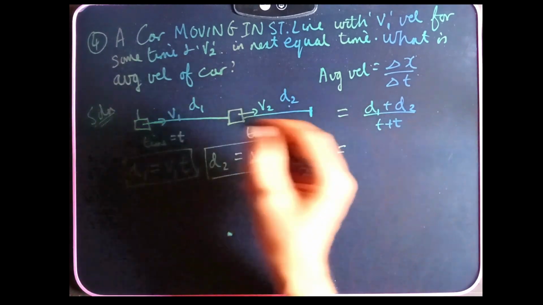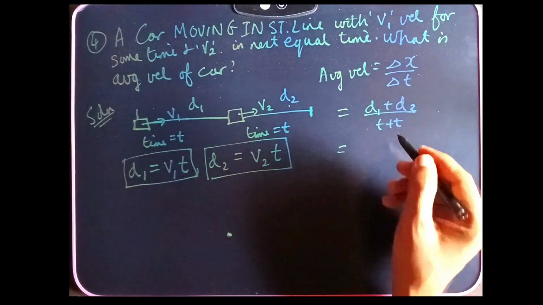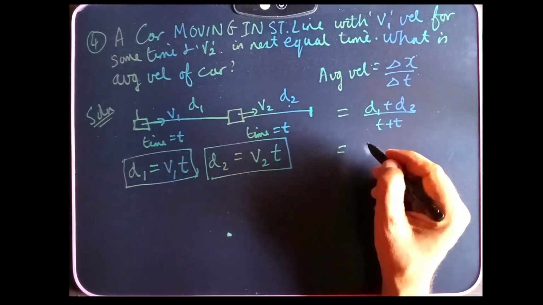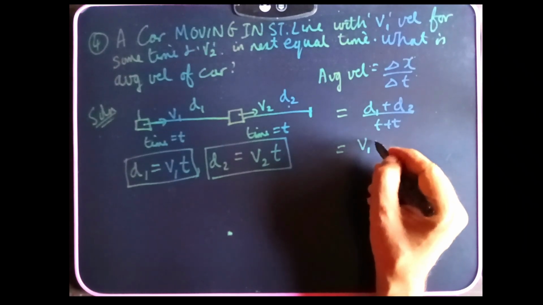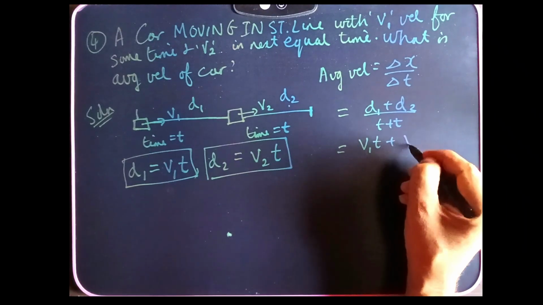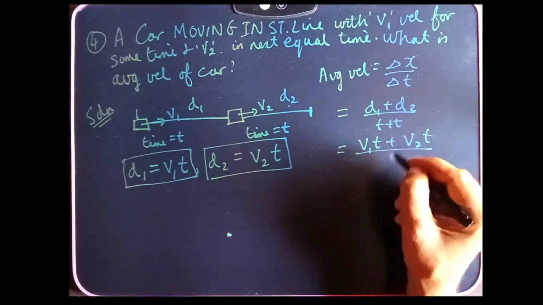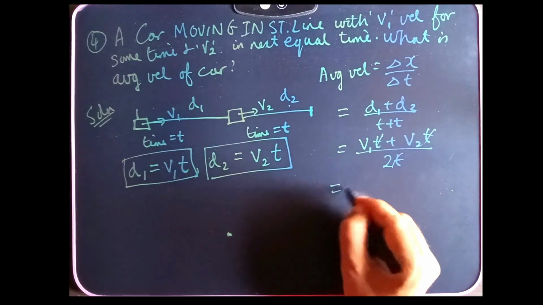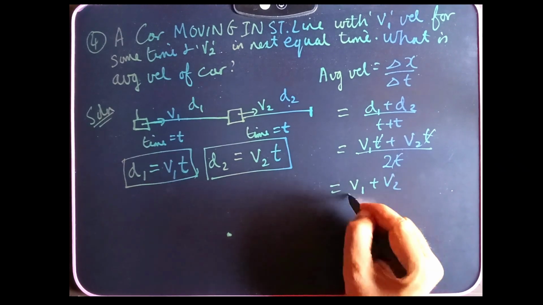We have to find the average velocity with respect to velocity itself, not distance. So d1 is v1 t plus d2 is v2 t divided by 2t. The t will cancel, so you get v1 plus v2 divided by 2.